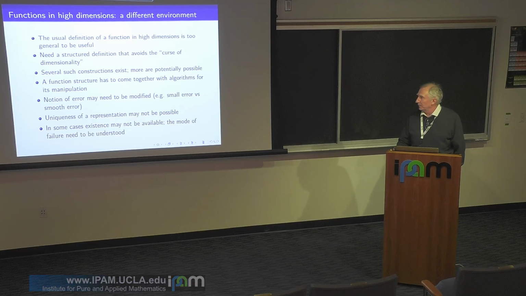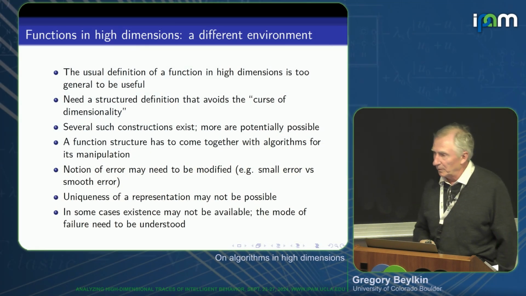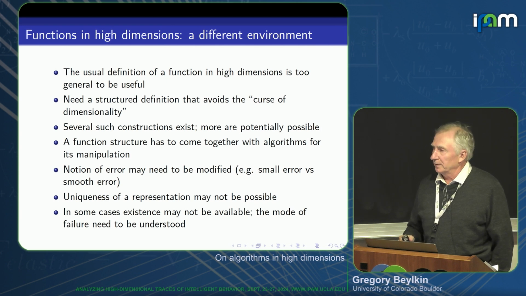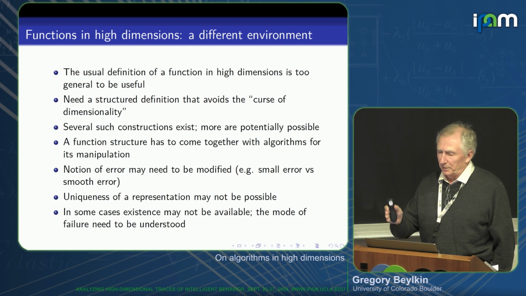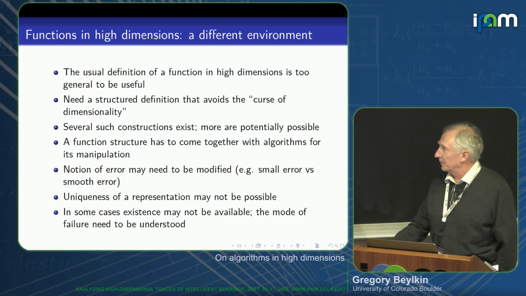For example, small is usually the standard way of thinking about errors. But a smooth error is also interesting because, for example, if you look at a picture which has some discontinuities, you add a nice smooth function to it, you can see the same thing. So your vision is not affected by it.